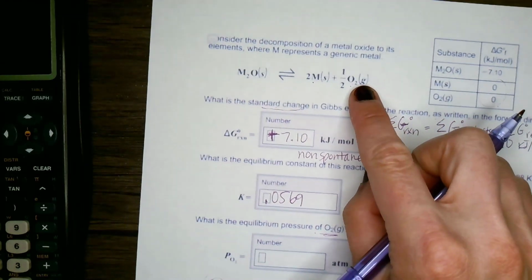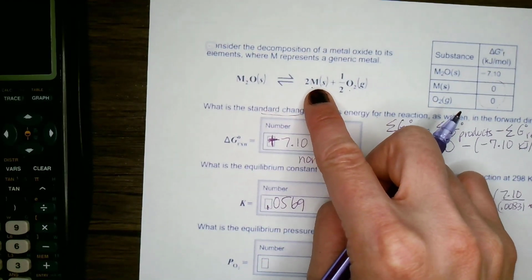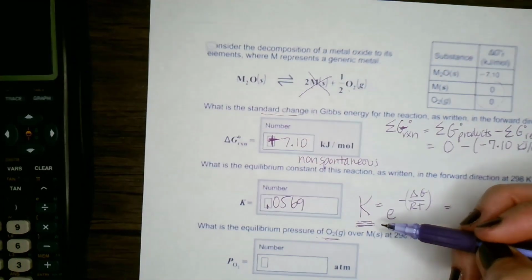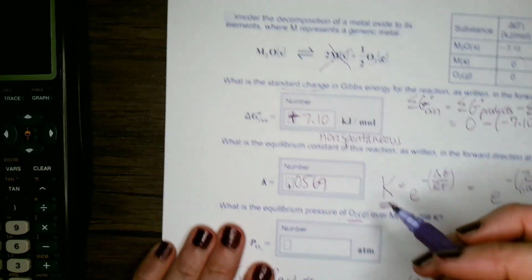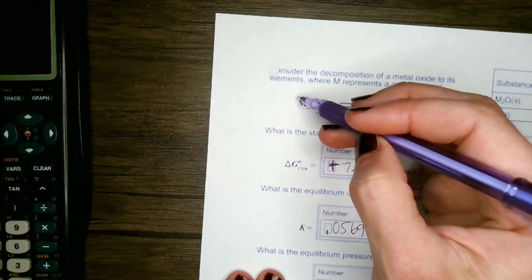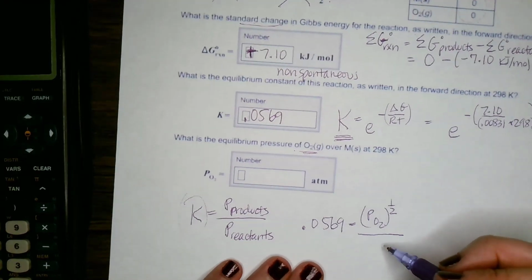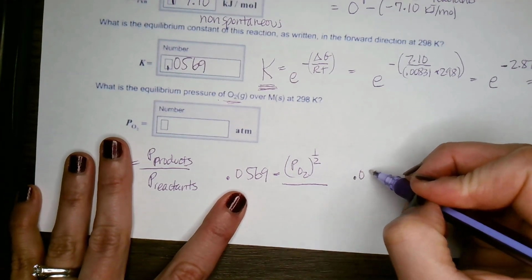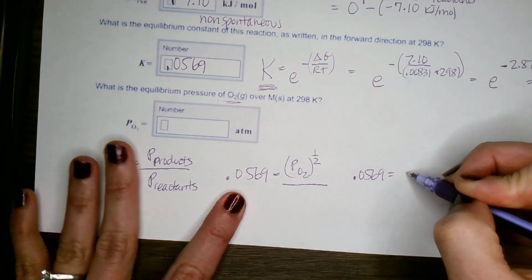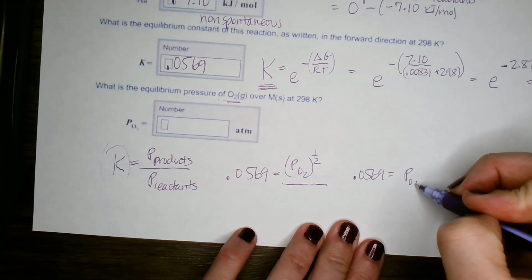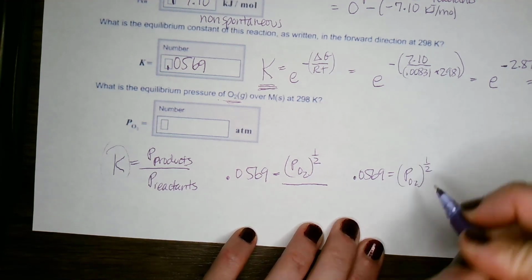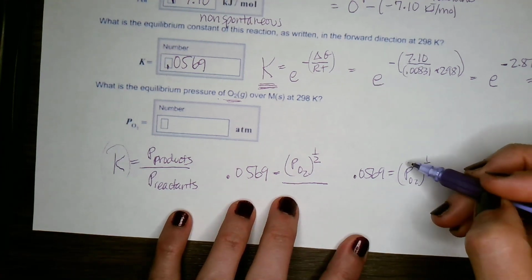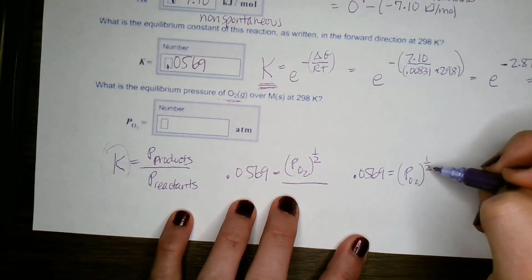So we have O2 raised to the 1/2 times, that's interesting, our other product is a solid. Nope, we don't use it. Over our reactant, also a solid. So actually, we're just going to say 0.0569 is equal to the partial pressure of oxygen raised to the 1/2.